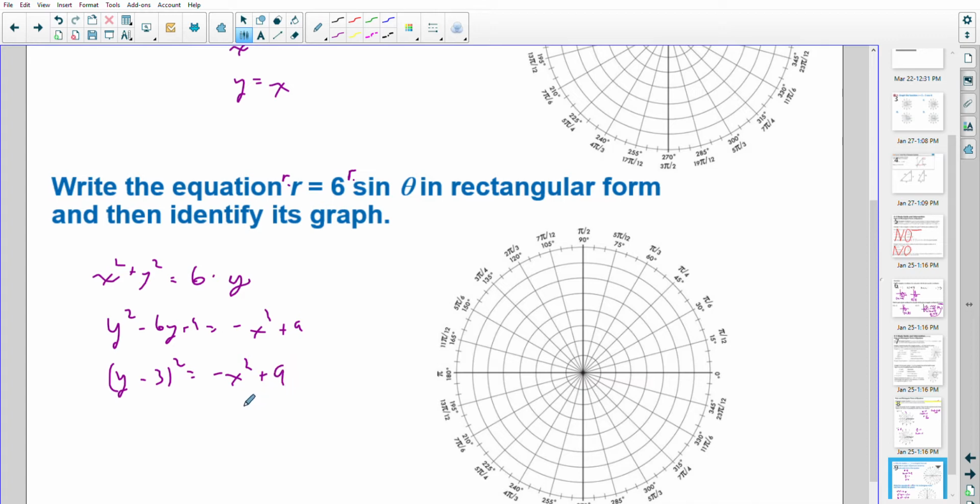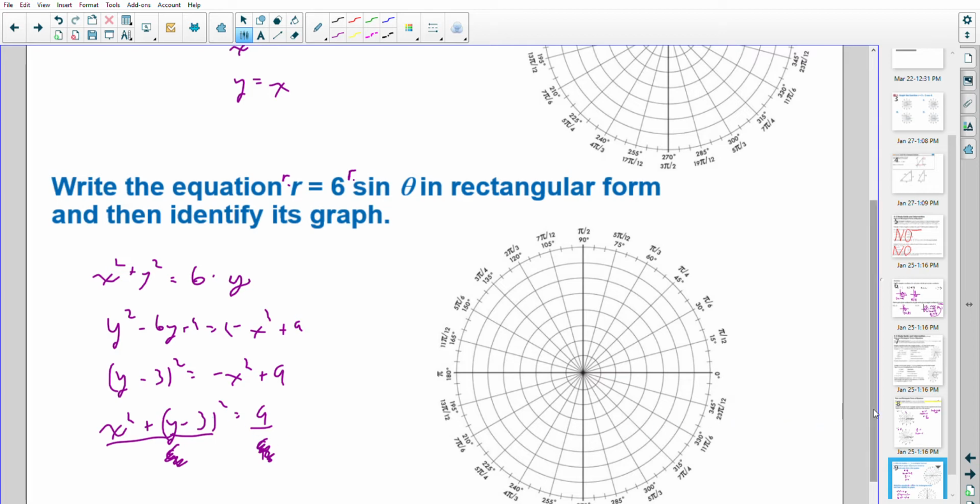That's a little bit better form, and so now you can see that x squared plus y minus 3 squared equals 9. When you divide both sides by 9, you then can see that that's going to be an ellipse. Actually, that right there is going to be a circle when you stop it right there, because these are the same coefficients on the x and the y terms.